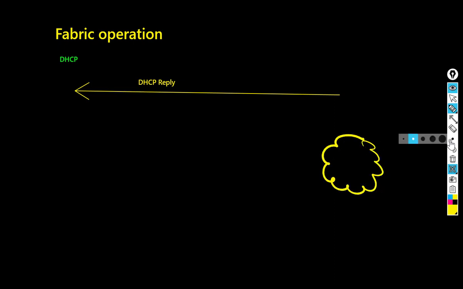Again, we have the shared services area outside. We're going to draw that in reverse, and the DHCP server is living in that shared services area. The DHCP server has received the discover packet, not as a broadcast, but as a unicast from the SVI of that particular VLAN from within the SDA fabric.